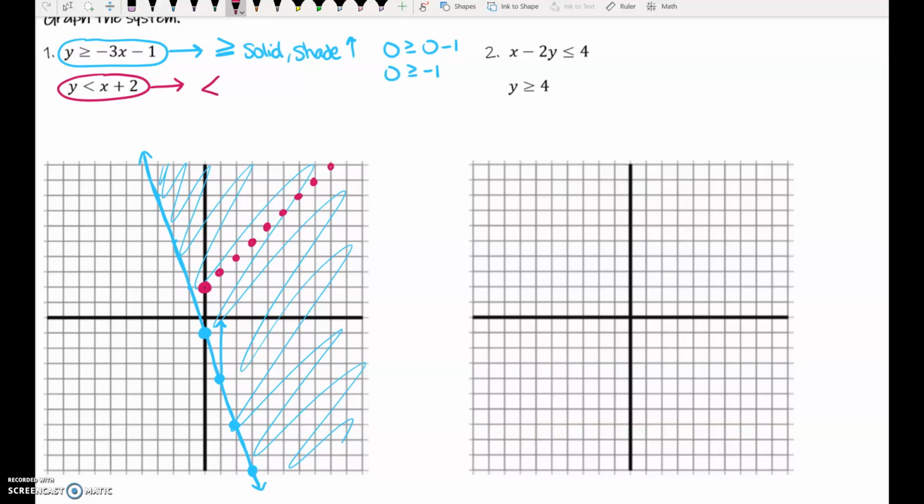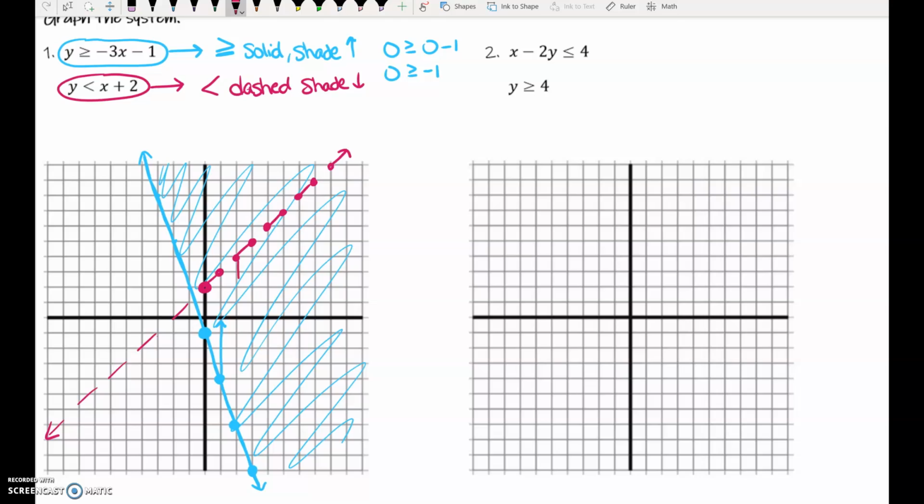This one has a less than symbol, which means we are going to use a dashed line. And less than means we are going to shade down.